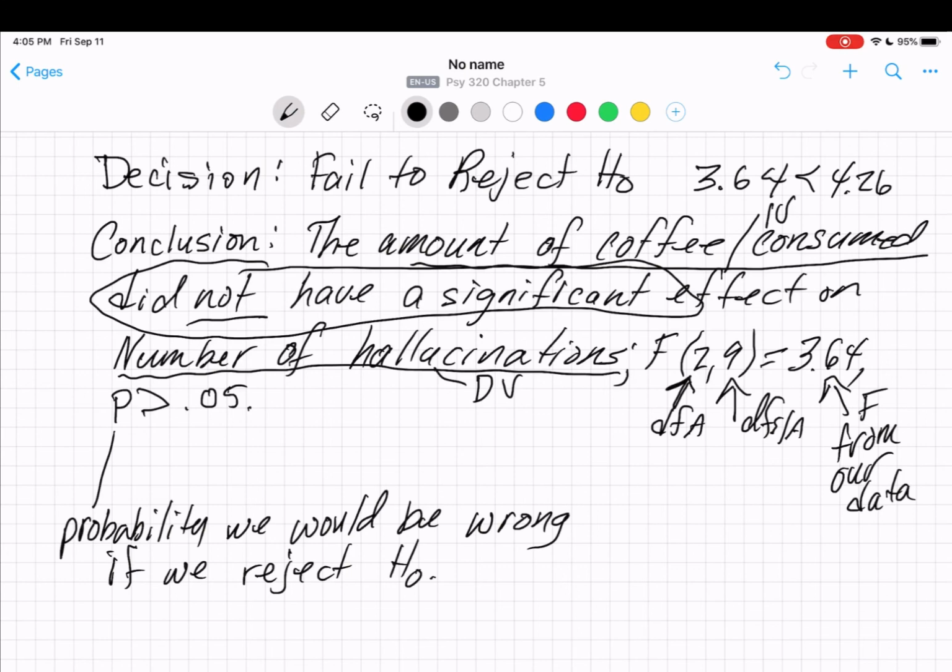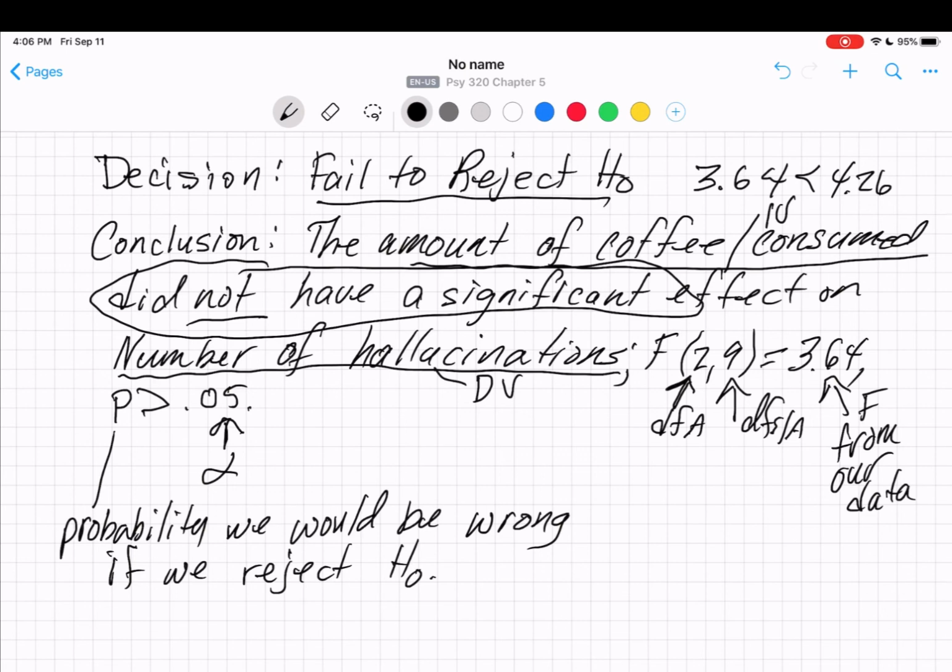It's greater than our alpha, okay? Because of that, that is the whole reason why we failed to reject it. The probability we would be wrong if we rejected it is larger than our alpha, so we don't want to reject the null hypothesis here. The risk is too high that we would be wrong. It's greater than our alpha of 0.05, and so we're not going to reject the null hypothesis.